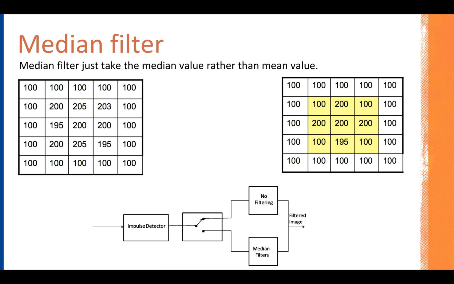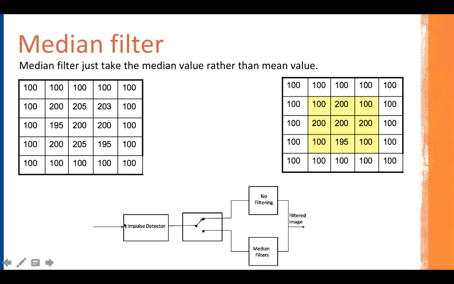Median filter. Actually, the principle of the median filter is the same as the mean filter, but it takes the median value rather than the mean value. And these two pictures show us how to replace corrupt pixel values.